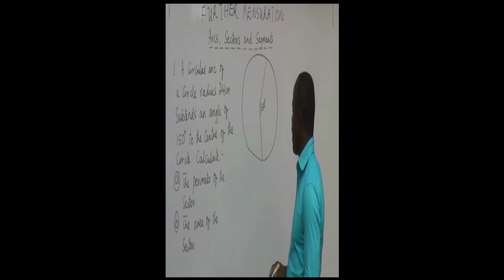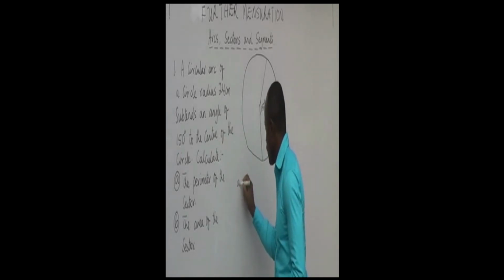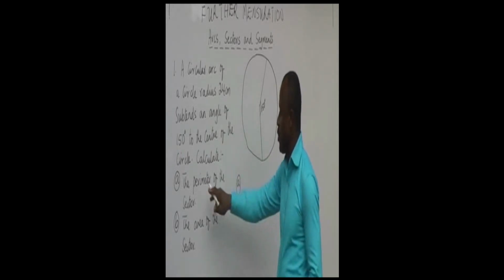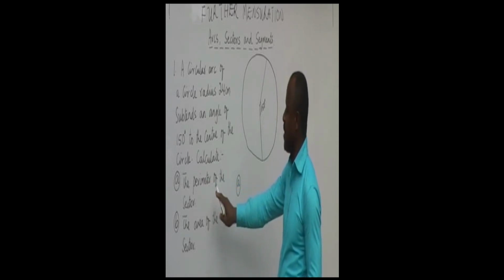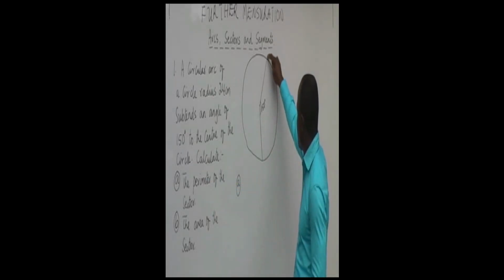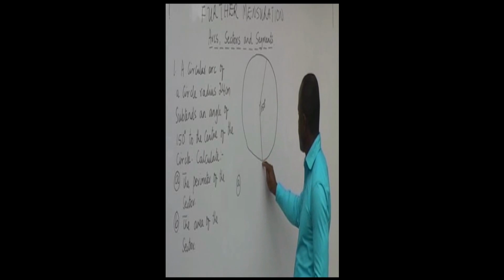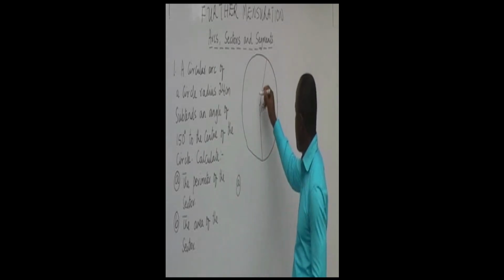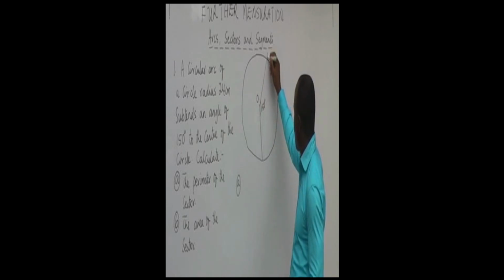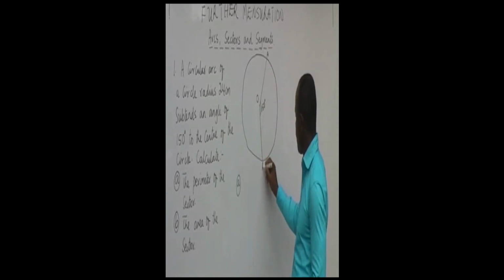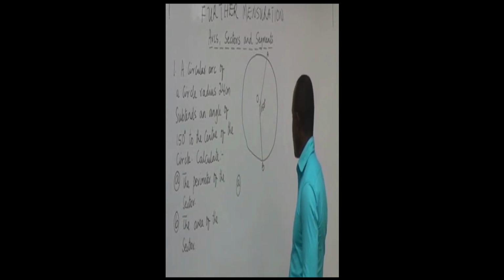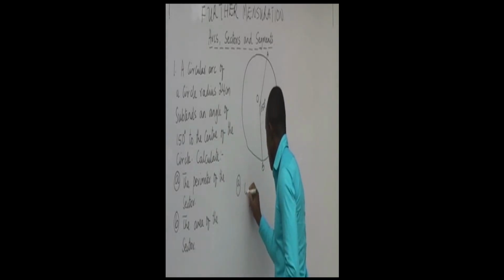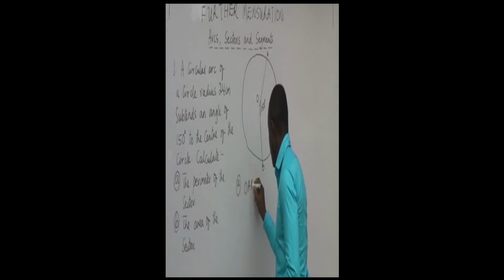Now, question A says that we should find the perimeter of the sector. This is now the sector, from here to here, back to this place and here. So if we name this O and this A and this B, the sector is OAB.